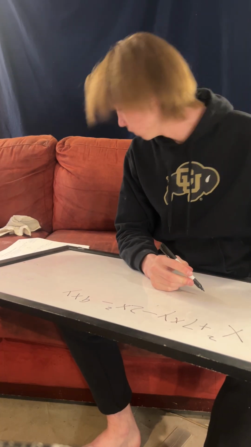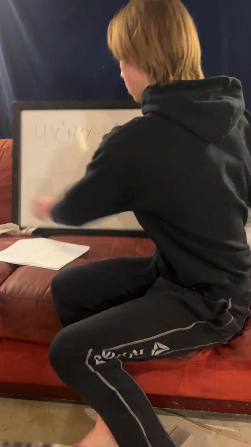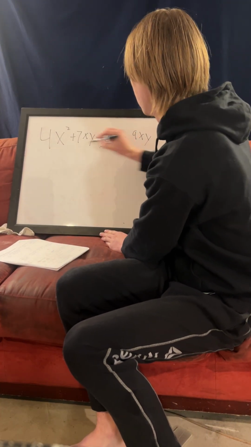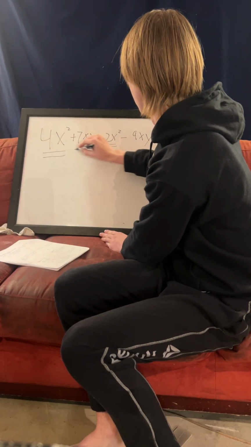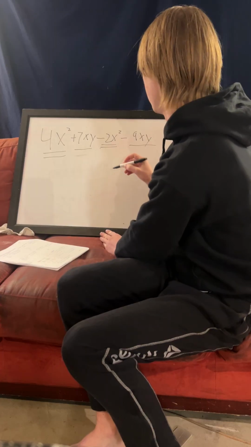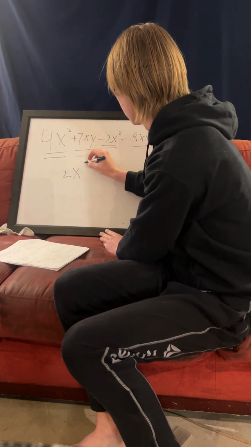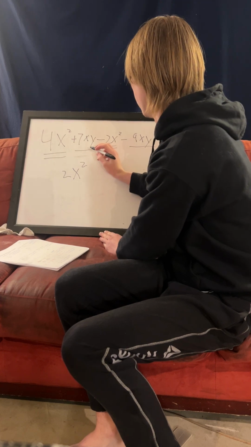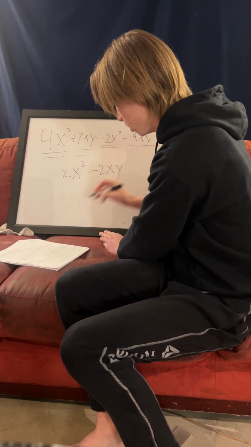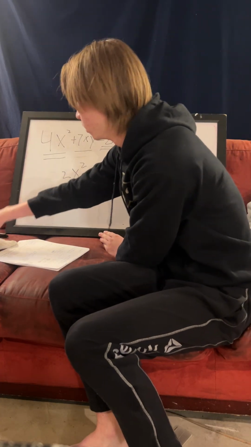Okay, so we're just combining like terms. Super simple. X squared, xy. 4x squared minus 2x squared, 2x squared. 7xy minus 9xy, minus 2xy. 2x squared minus 2xy. That's what I got, and I got full points for it.